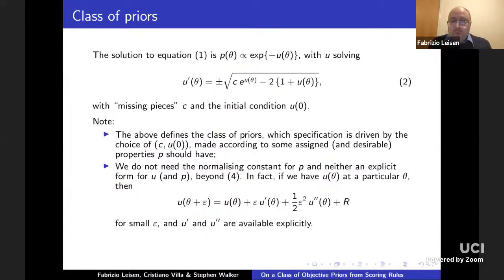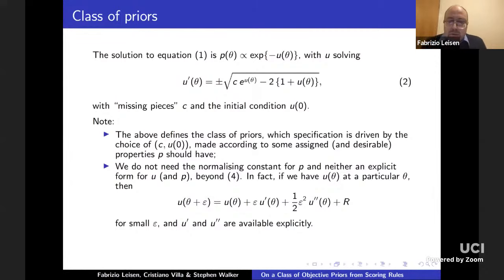What we are going to do is show some examples of how to set c and u0 with different parameter spaces, and in particular see what kind of properties we can get for our prior. In general, a solution of this differential equation is not easy to find, but it's not a problem because we can get solutions numerically, and in particular we can use a Taylor expansion.